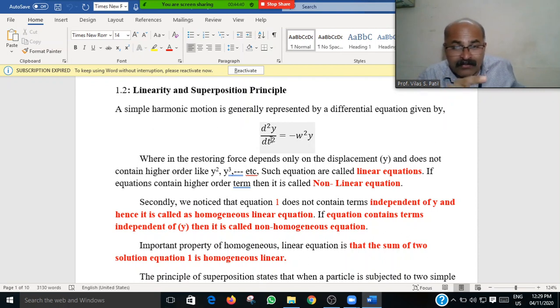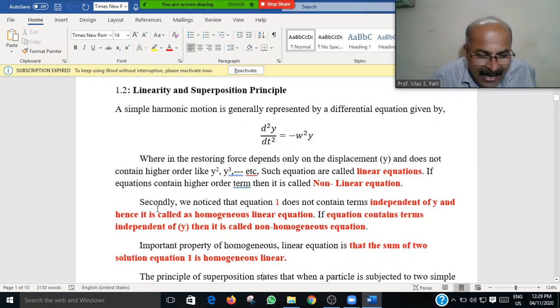Because it is linear, it means that higher terms are deleted, and again that equation is homogeneous because the variable is dependent, not independent, and hence it is called a homogeneous linear equation.